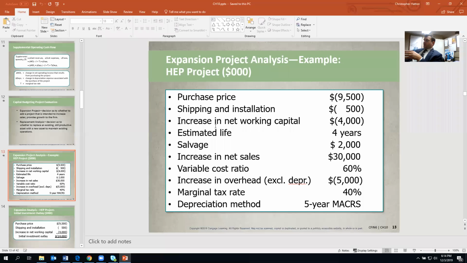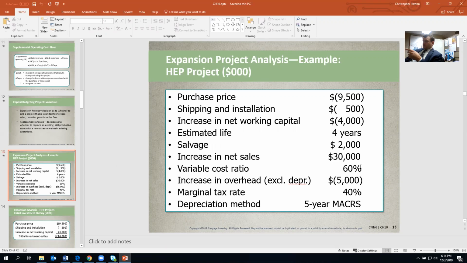So these two together, the top two, purchase price plus shipping and installation, is your depreciable base. Increase in net working capital. So this is a net decrease of 4,000. So that'd be 4 million. Estimated life of 4 years. Salvage value is 2,000. Increase in net sales would lead to an increase of 30,000 or 30 million.